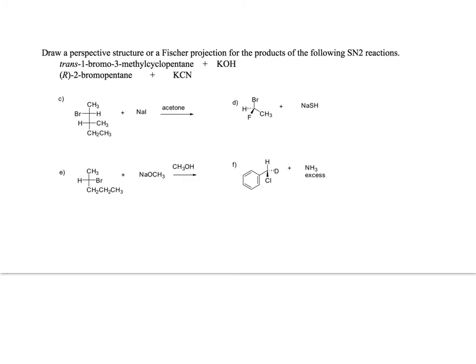Okay, draw the structure, Fischer projection, of the following SN2 reactions. The first one, cyclopentane, 3-methyl, 1-bromo, and this is trans, so make one go up, one go down, and KOH. So this is your electrophilic carbon, this is your leaving group, and this is your oxygen nucleophile.